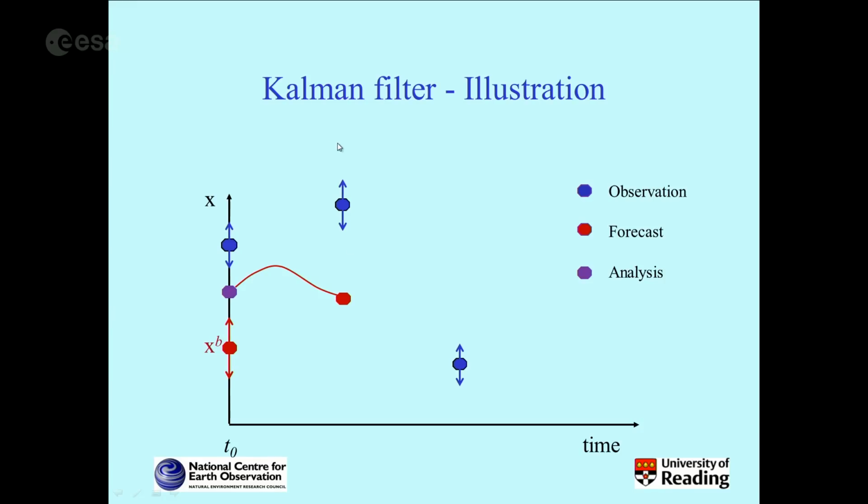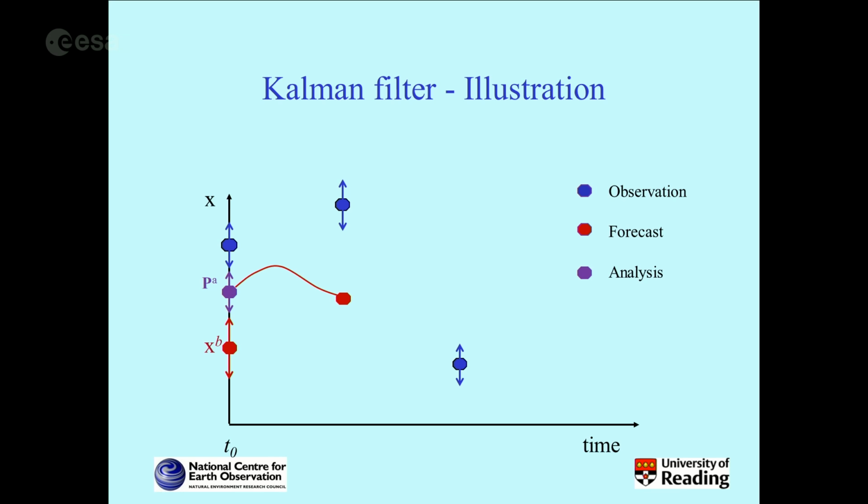So now at this time, I have my observation with its uncertainty, and I have the prior. If I have the uncertainty on this prior, I can combine them and do the analysis at this time. What is the prior uncertainty here? I could just use the same as here, and that's the standard way we would do things in the variational method. But what we actually do is to ask, what is the uncertainty on my analysis here?